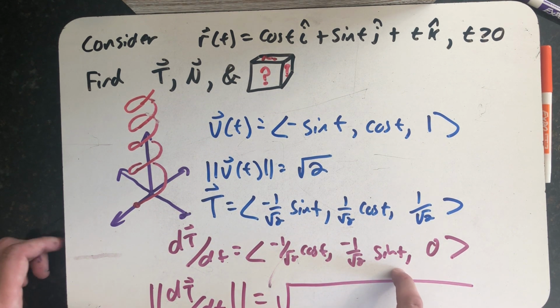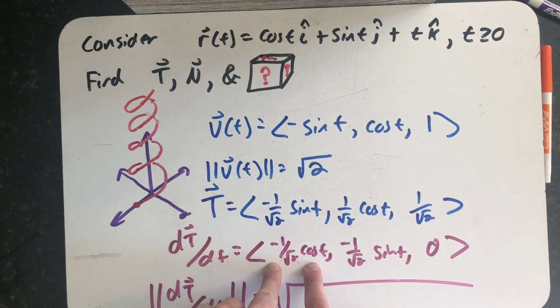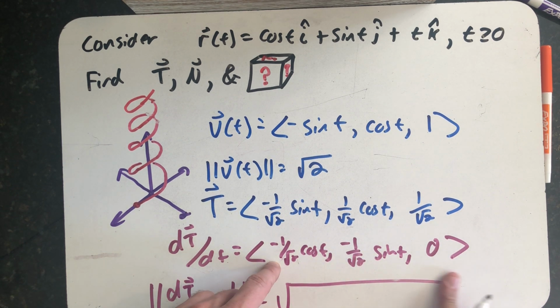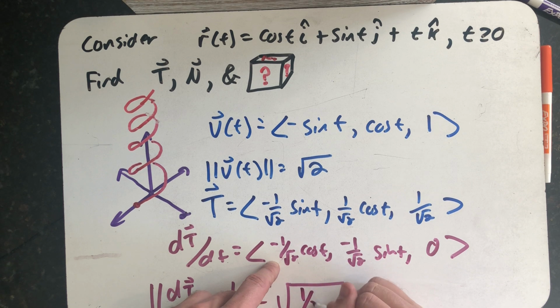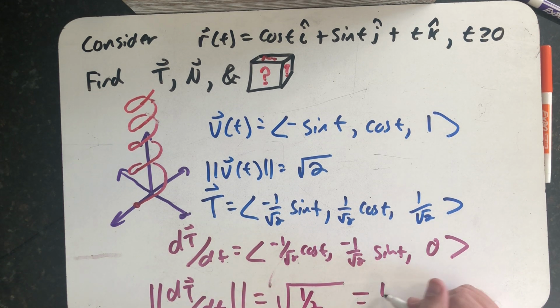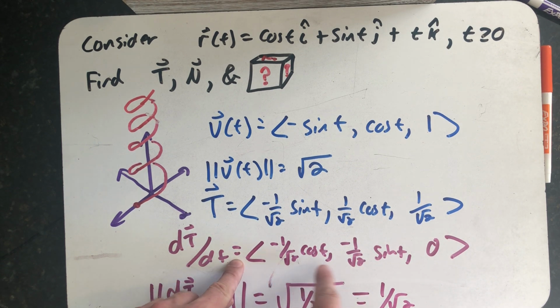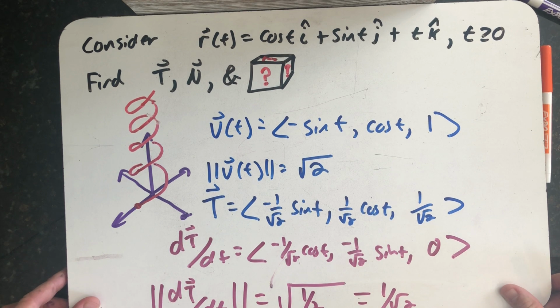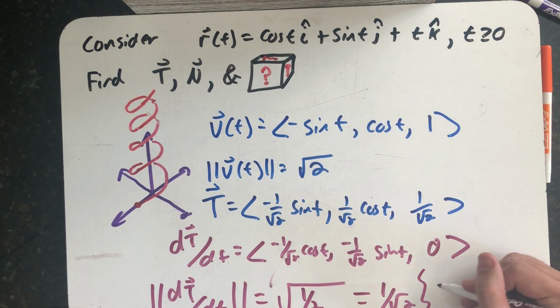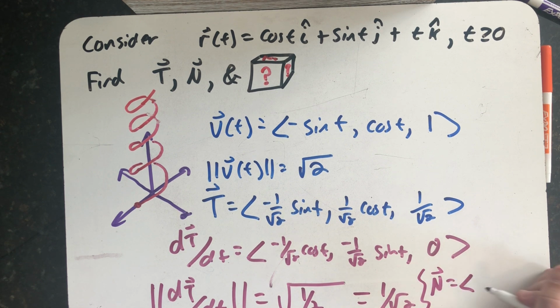This squared plus this squared, well, that's going to be 1/2 cosine squared plus 1/2 sine squared, which would give me 1/2. That's a 0. So the magnitude of that vector is just 1 over root 2. You could actually observe that by just factoring out a 1 over root 2 and noticing that you have cosine and sine sitting in there, and that's a unit vector. All right, so I can calculate big N. Minus cosine t, comma minus sine t, comma 0 fell off the board.